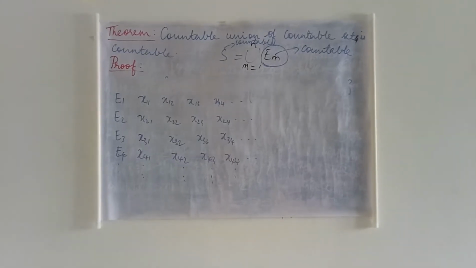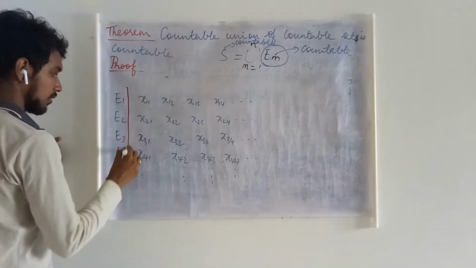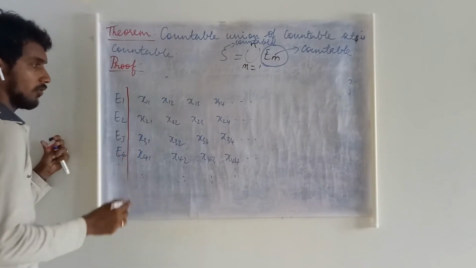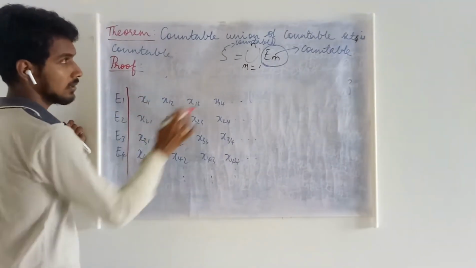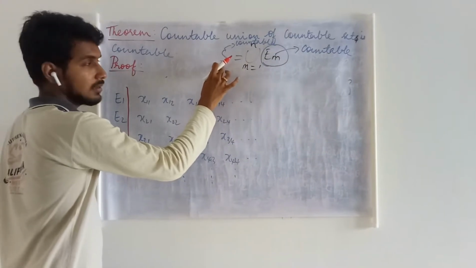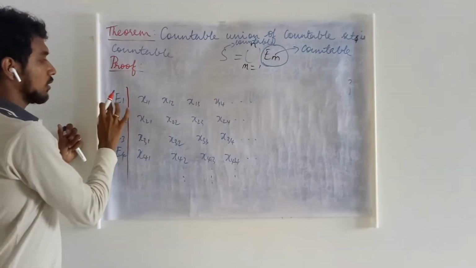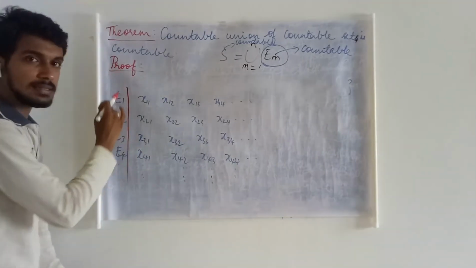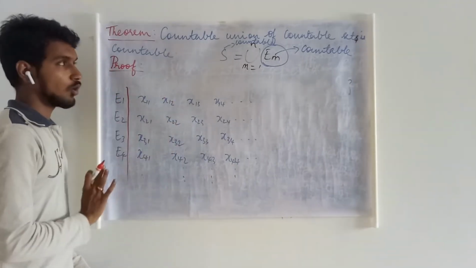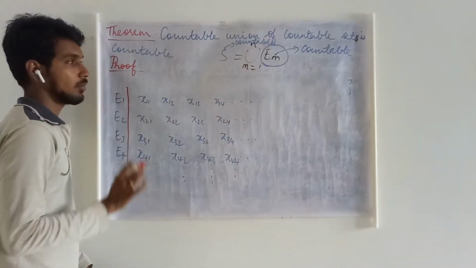These are all elements of the corresponding E1, E2, E3, E4, and so on. We have made the union of all such E's, and that is denoted as S. Now we know that each of these sets E1, E2, E3, E4, looked at separately, is countable. We need to prove S is countable.